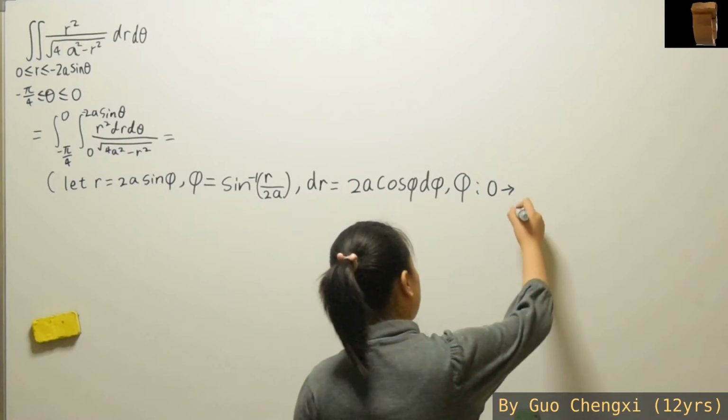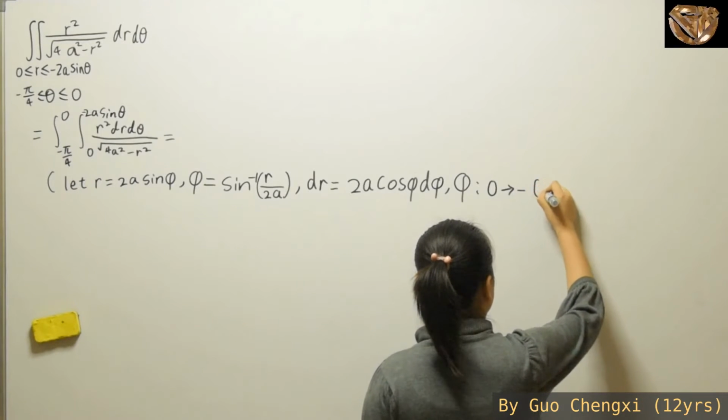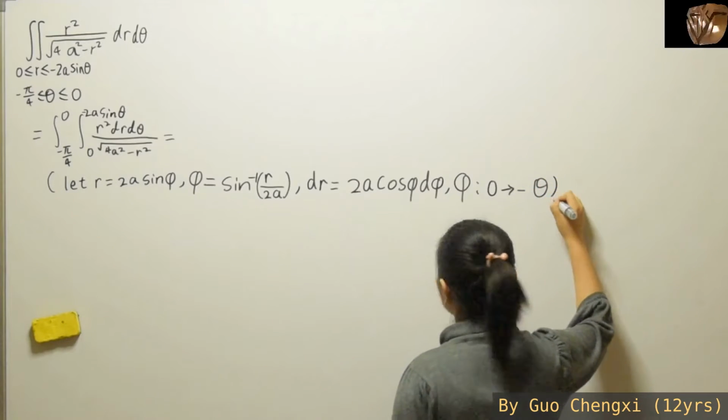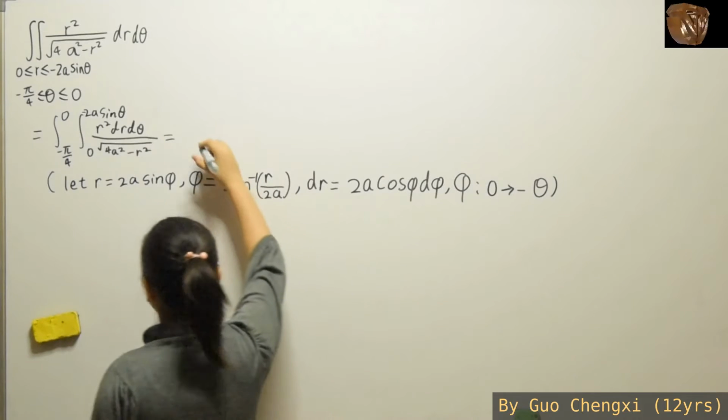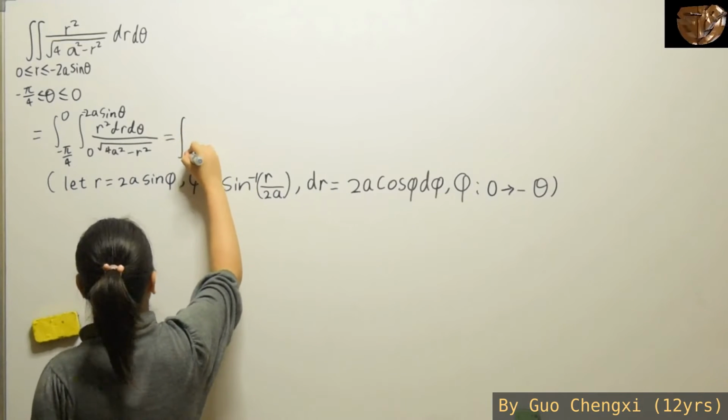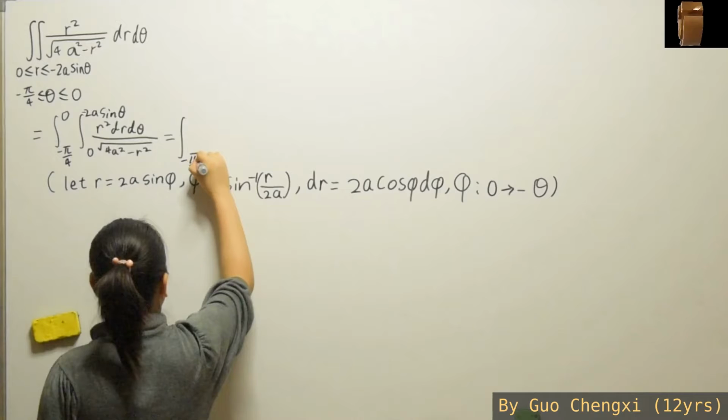So what you're going to get is a negative theta. The theta doesn't change, but the r you will change to phi.